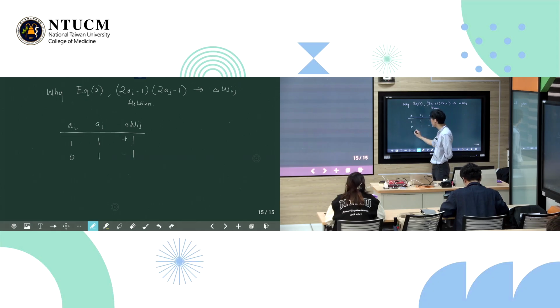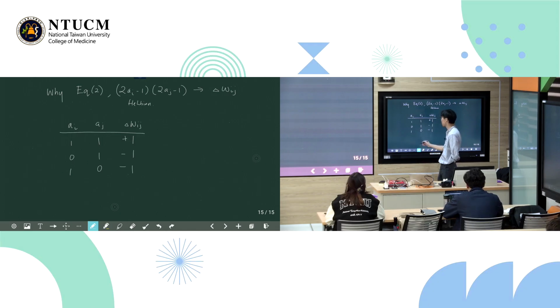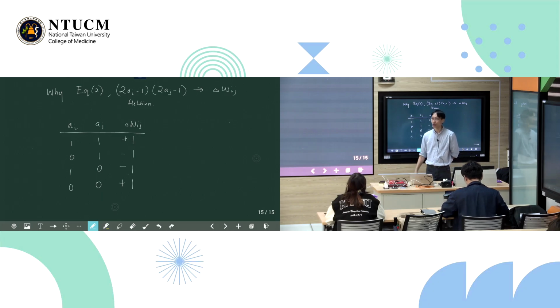When they are the same, the weights are increased by 1 unit. When they are different, the weights are in fact decreased by 1 unit. And when both are the same in being inactive, they're still the same. So this is actually the XOR, isn't it? It's the XOR instantiation.